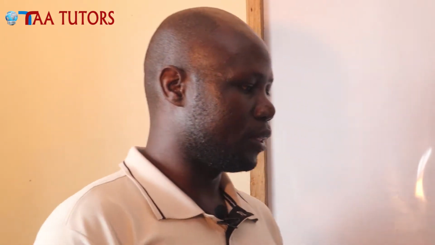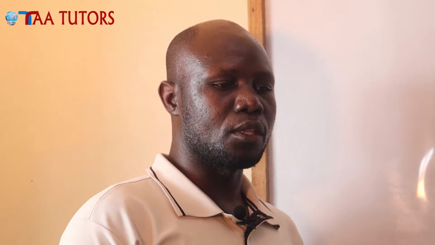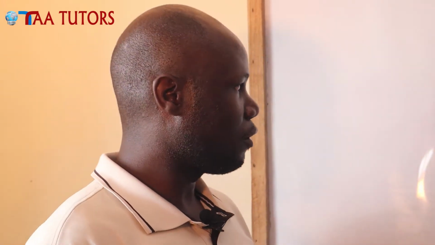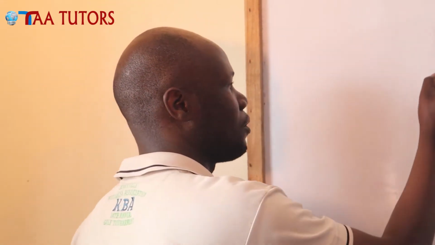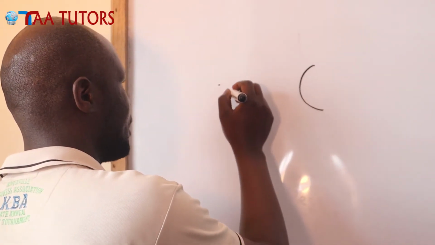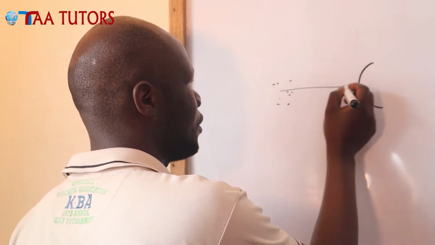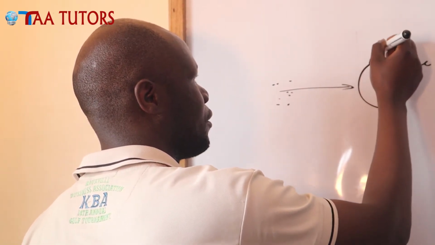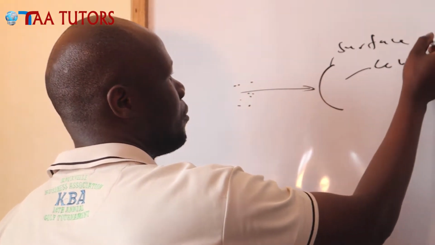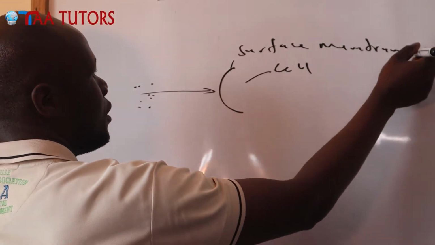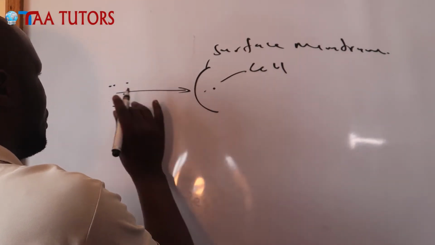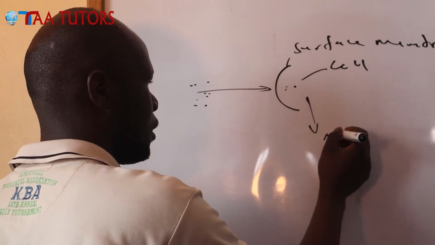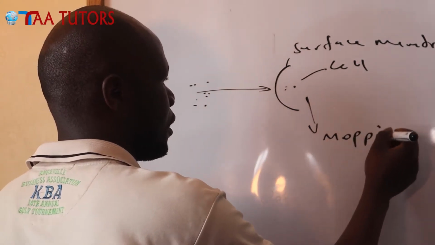Now we agree that when these particular molecules were coming in, we said that the concentration gradient must be maintained, and therefore any molecule that has diffused across a membrane, assuming that this is the region of high concentration, and then they are getting inside a cell through the surface membrane, what could be seen happening is that the moment the molecules get in, there is that act of mopping.